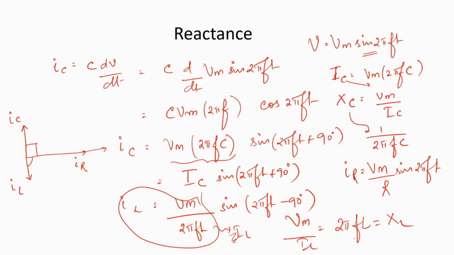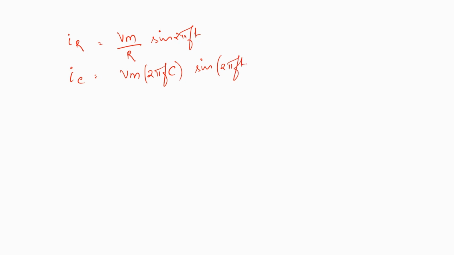in a circuit. So summarizing, we see that the current through the resistance is going to be in phase with the input. So that is Vm by R sine of 2 pi ft. The current through the capacitance is Vm into 2 pi Fc sine of 2 pi ft plus 90.